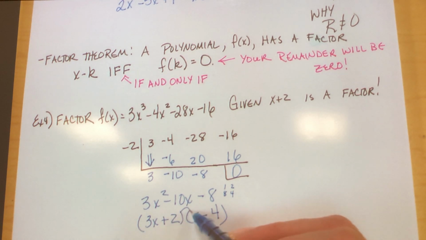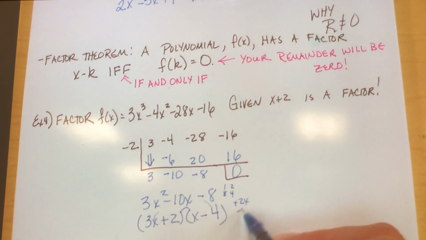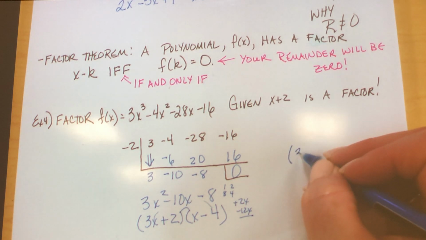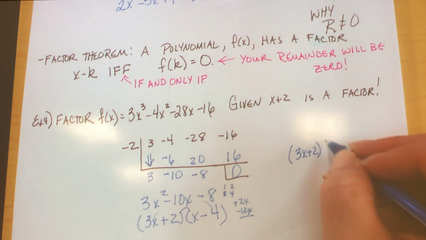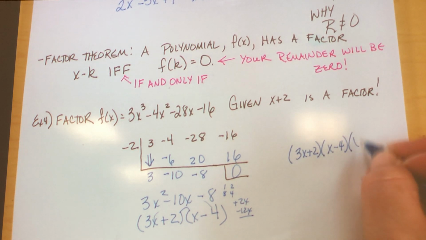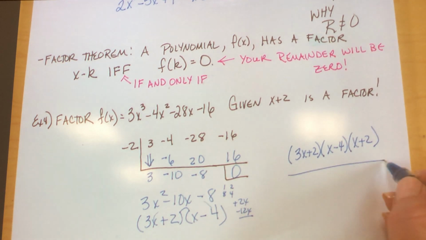I'll check my inners, plus 2x, my outers, negative 12x, there's my negative 10x. So completely factored, I have 3x plus 2 times x minus 4 times x plus 2. Don't leave that guy off. That is completely factored.